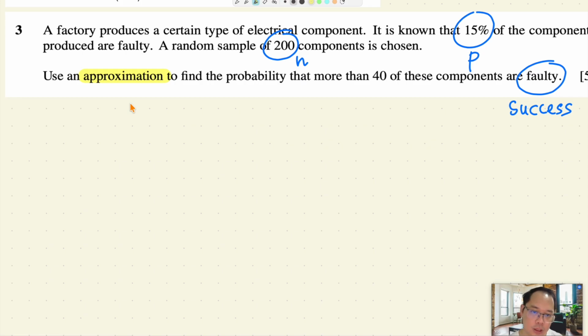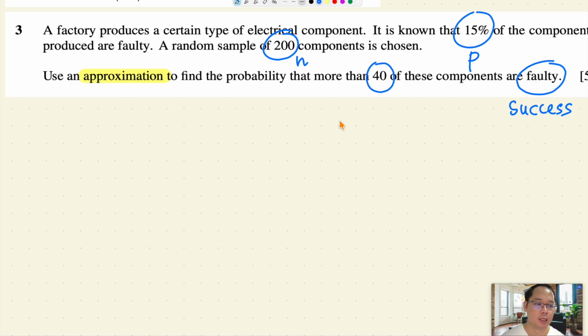The sample size is pretty large, and therefore when you use the formula in the MF19, you need to add the probabilities from 0 to 40, which are 40 values. It is extremely difficult to calculate all the terms and add 40 values together, of course with no calculator allowed.